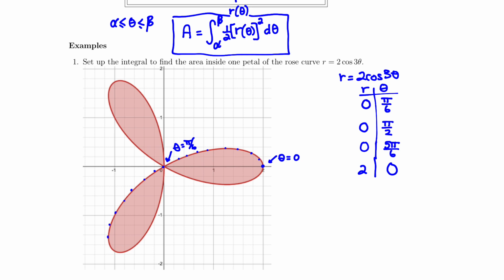When you're all the way back here again, that happens when theta is pi over 2. And then it keeps tracing, going around your curve, and you're back here again when theta is 5 pi over 6.